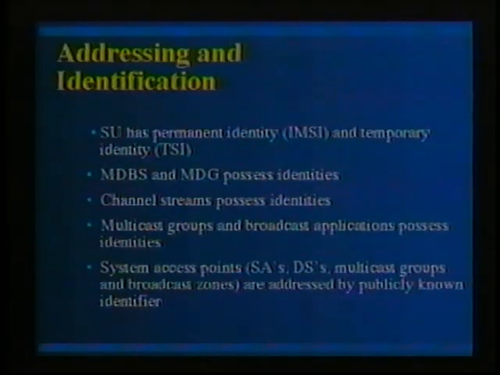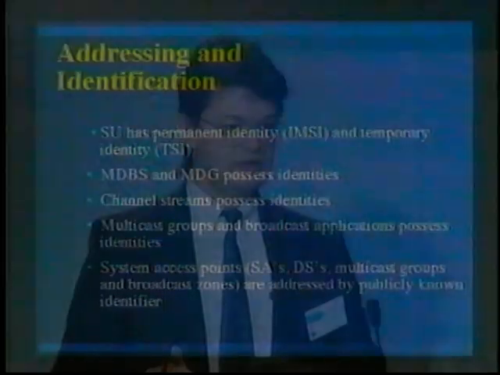The multicast function, because this is essentially a closed user group and it must be distinguished from other closed user groups. The broadcast function is to distinguish one broadcast application, such as a weather report, from another, such as a traffic report. Obviously, broadcast is broadcast once you're within a cell, and so you don't need to distinguish broadcast zones, but you still need to distinguish who's going to interpret the message.